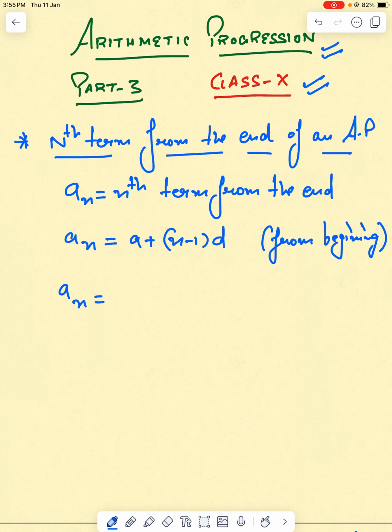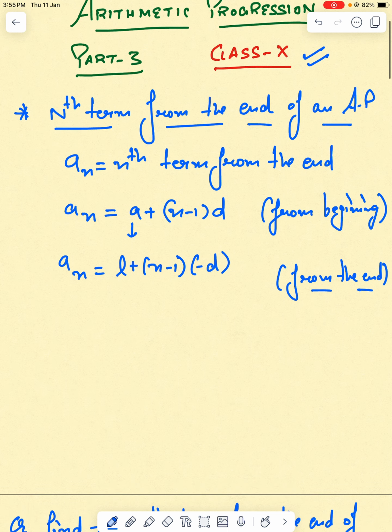If I want to find the nth term from the end, what will happen? The first term, that is a, will become the last term. Plus the number of terms are the same, so n minus 1, and d will become minus d. Why minus d?